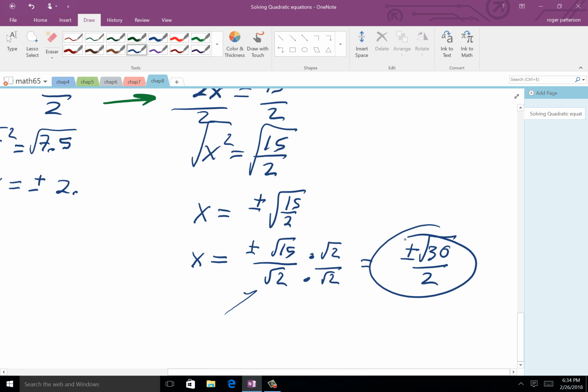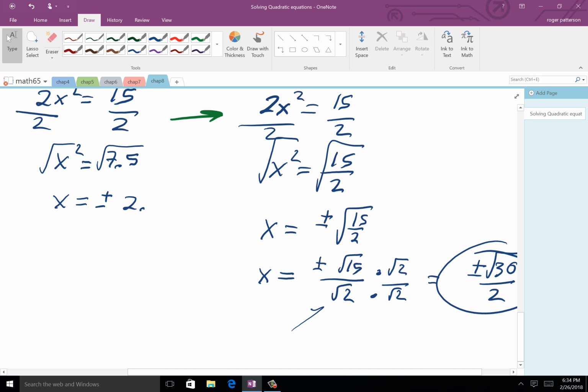So, but plus or minus square root of 30 over 2, you're not going to find that on a ruler, right? I mean, it just isn't there. You're not going to find it on anything that measures stuff. It isn't there. Okay. Whereas you might find 2 point something, you probably aren't going to see that either, but at least you get a better approximation for what the heck it is.